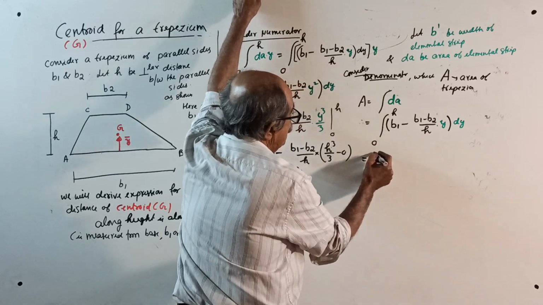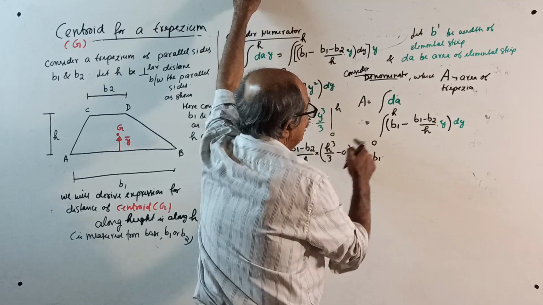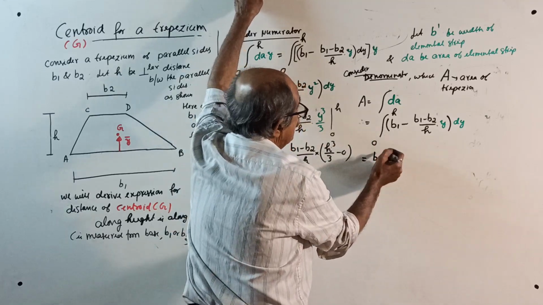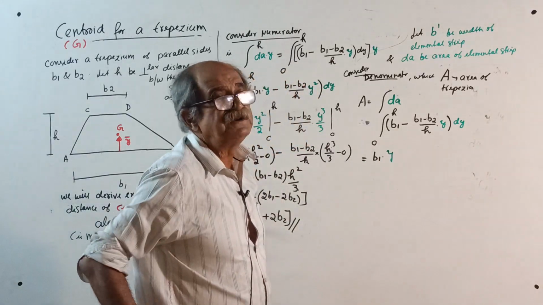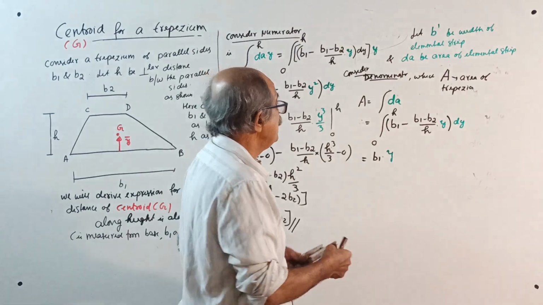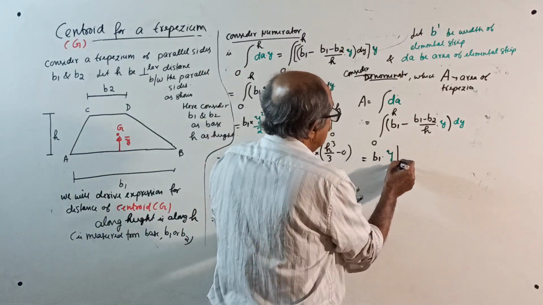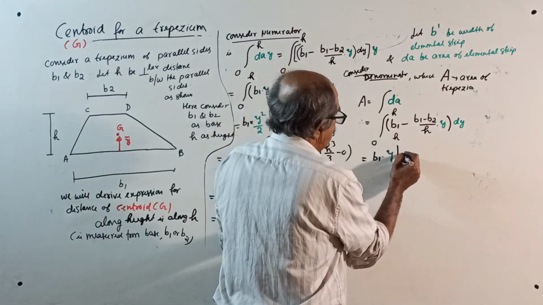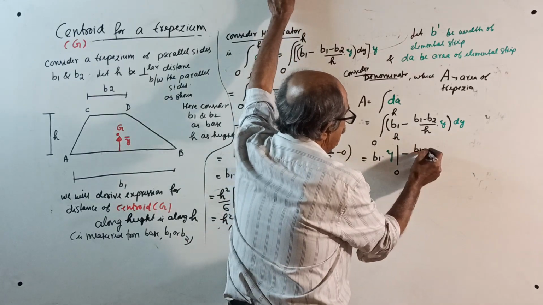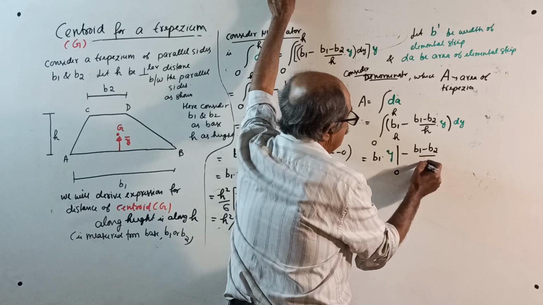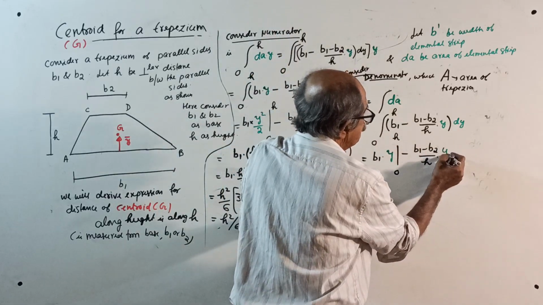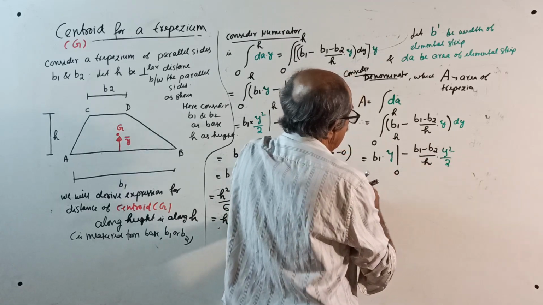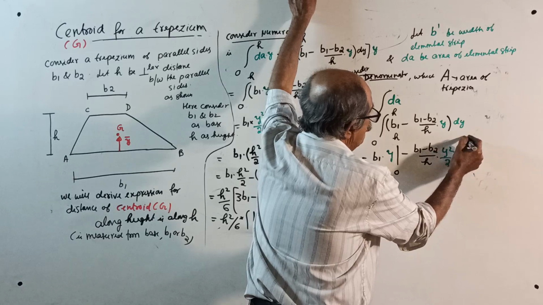See there, I got it earlier. Now integrate: b1 is a constant, so when you integrate a constant it becomes b1 into y, with limits 0 to h, minus (b1 minus b2) divided by h into y, which when you integrate becomes y square by 2, again from 0 to h.